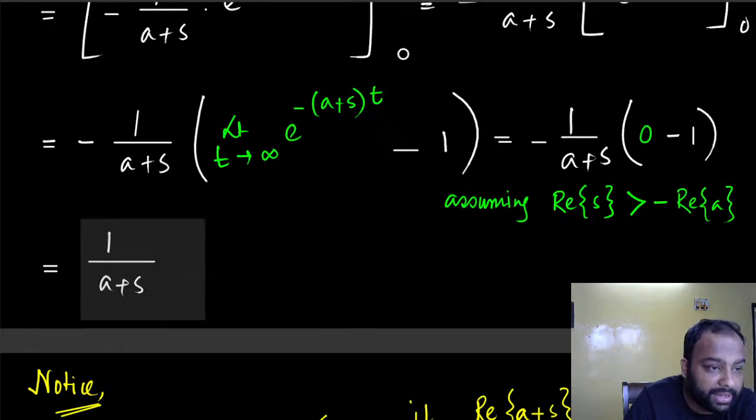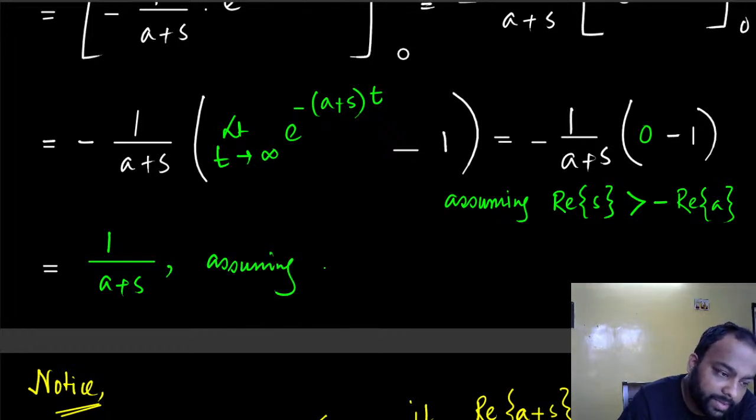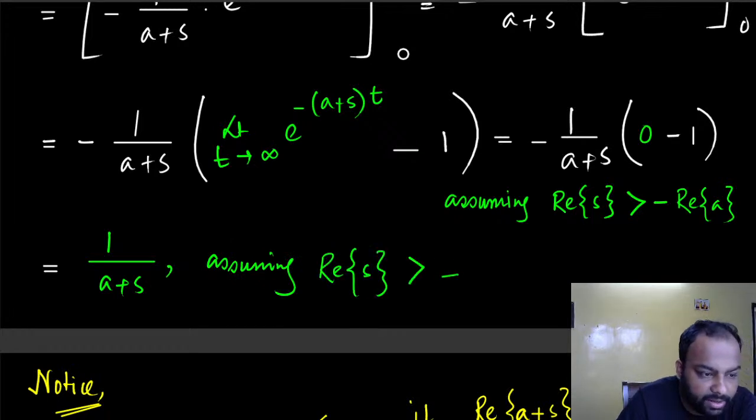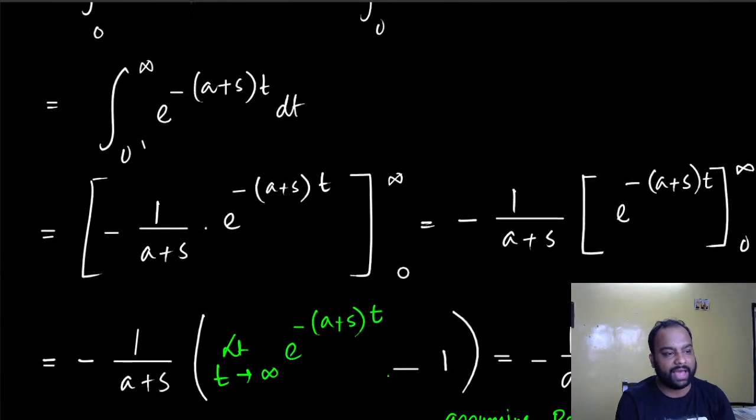The answer is 1 by A plus S, but there is just one condition. The condition is assuming that the real part of S is greater than minus real part of A. Otherwise this will not converge and we won't even have a Laplace transform.